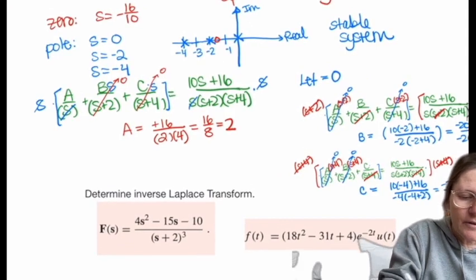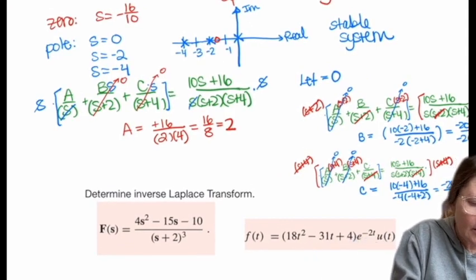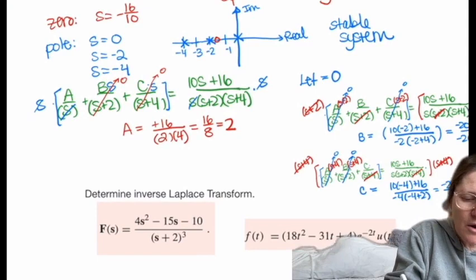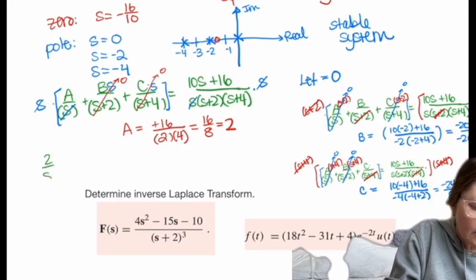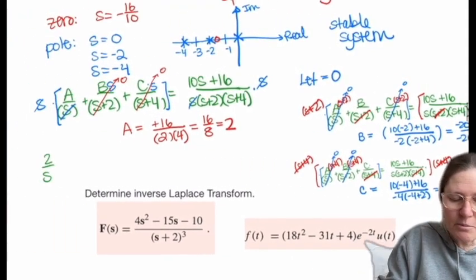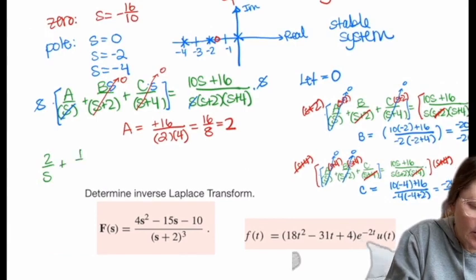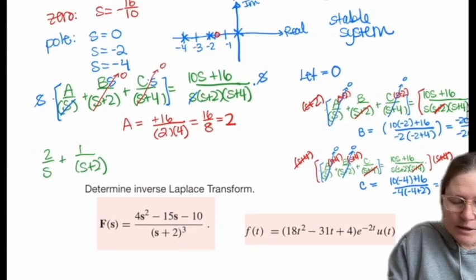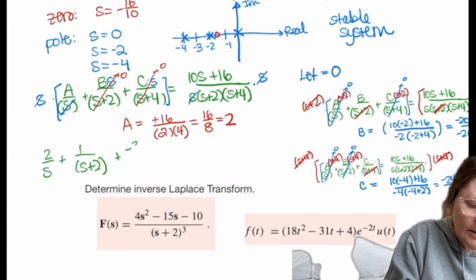And so our function here is going to be 2 over s, and then b was a plus 1, so plus 1 over s plus 2, and c is a minus 3, and so minus 3 over s plus 4.